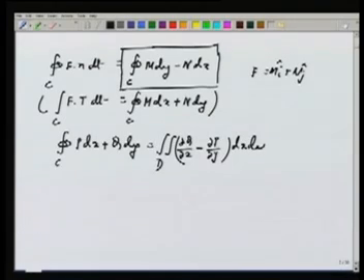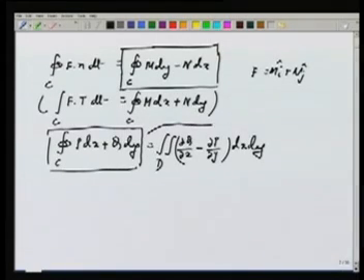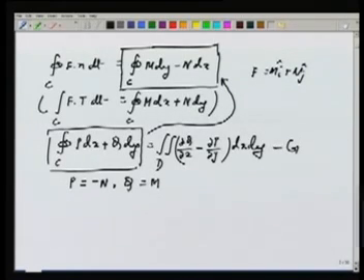This is the situation. Now if I compare this side with this, then I get what exactly P is and what Q is. So I get that P is equal to minus N and Q equals M. So this is Green's theorem.